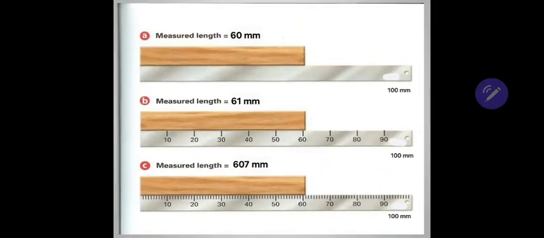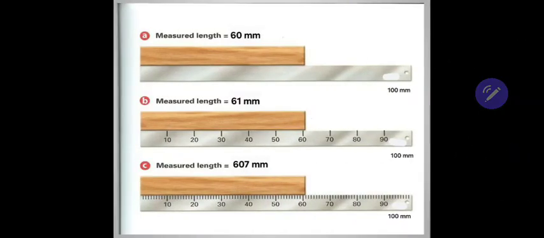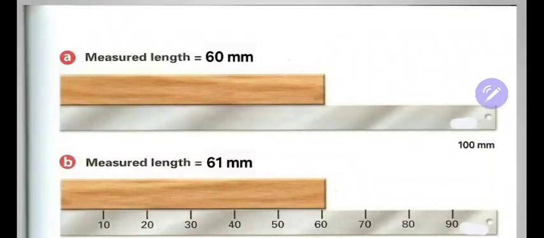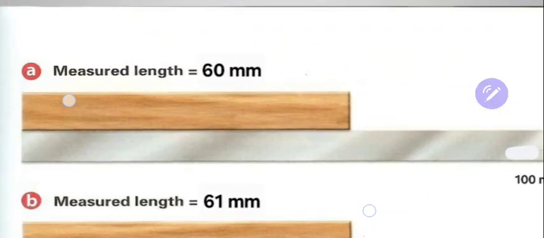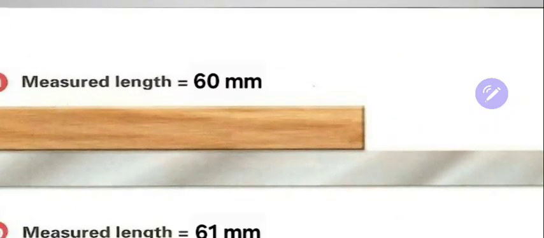Okay. So let's look at these and look at what is and is not significant. Here, you're guessing. And so they have guessed 60 millimeters. And what do I mean they're guessing? Well, if you look at this, you don't have the other marks down there. You do just have to guess.